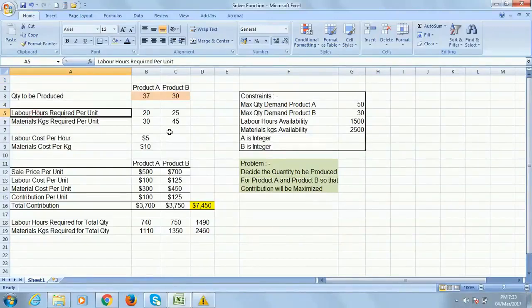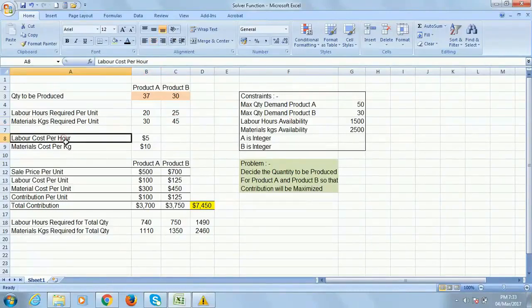Labor hours required per unit are 20 for product A and 25 for product B. Materials required per unit are 30 kgs for product A and 45 kgs for product B. Labor cost per hour is 5 and material cost per kilogram is 10. Suppose we can sell product A at 500 and product B at 700.